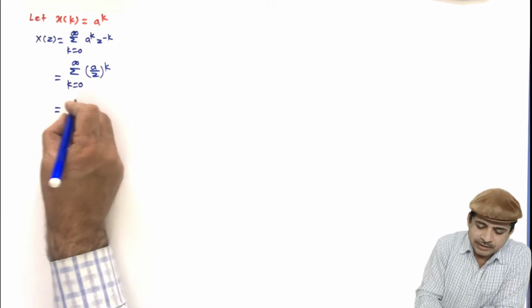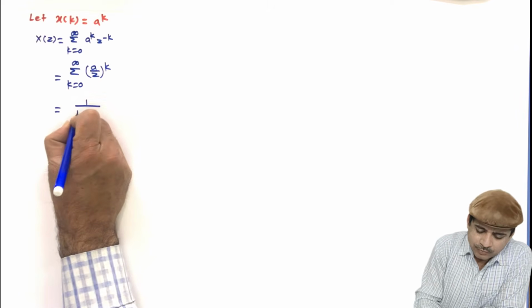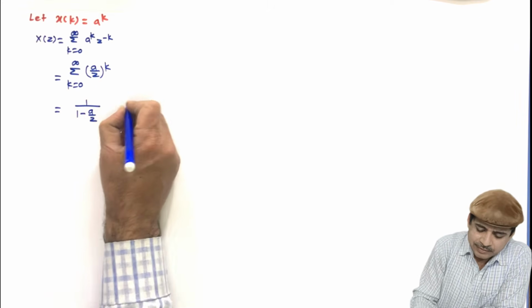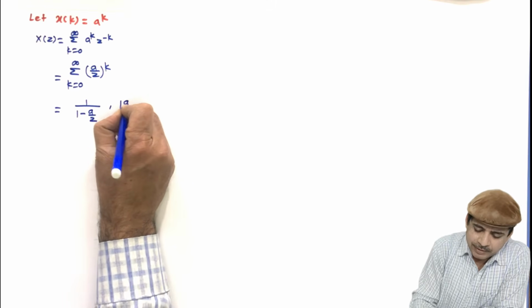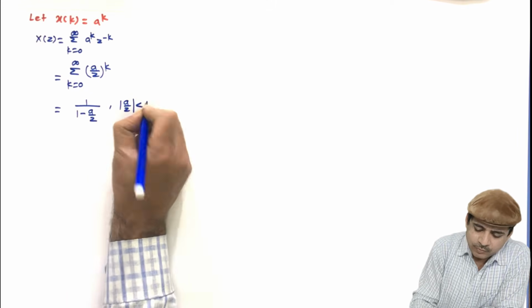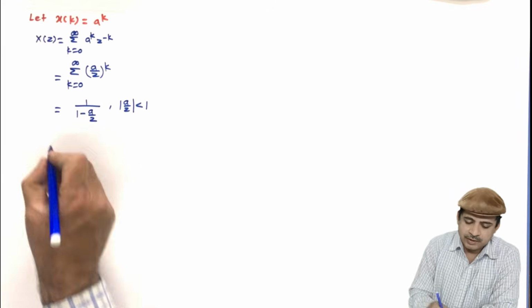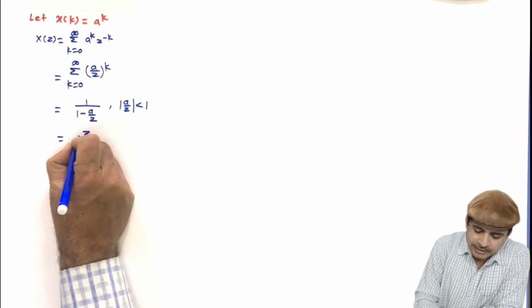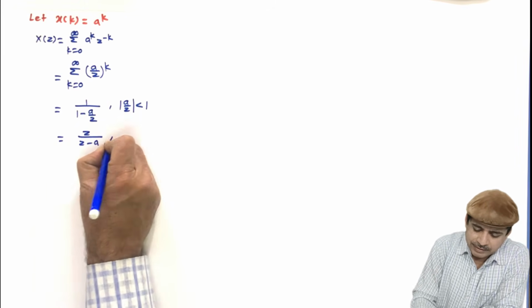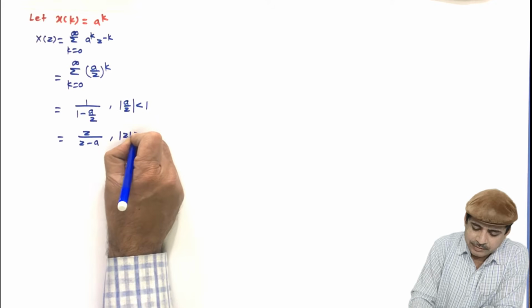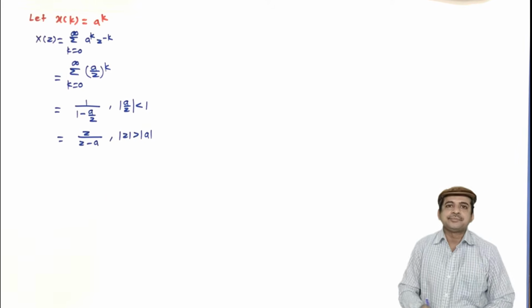And no doubt this is nothing but 1 upon 1 minus a by z with mod of a by z less than 1, and that is equal to z upon z minus a with mod z greater than mod a.